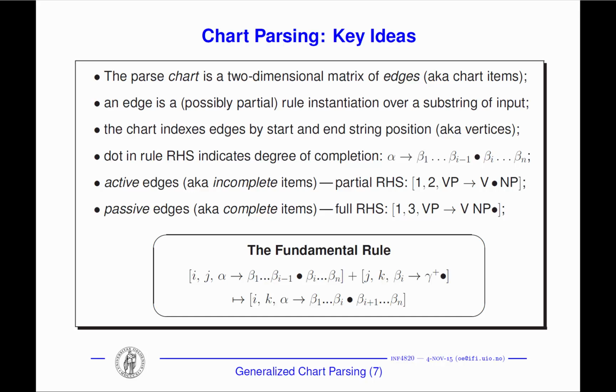And then we can actually, algebraically, if you will, characterize the parsing problem in terms of what is often called the fundamental rule. You can look at this as an inference rule over the items or edges in the chart, but it actually looks much more mathematical than it is at its core. It's reasonably simple, I think.